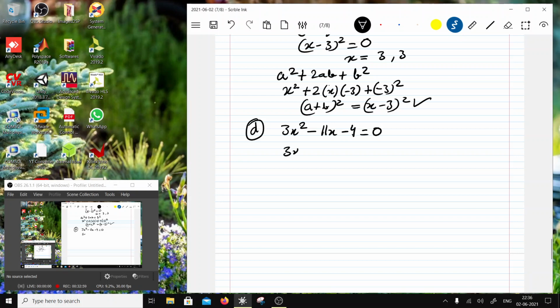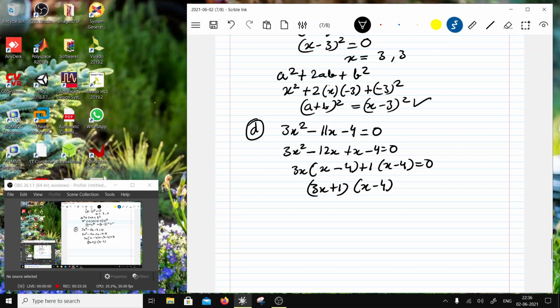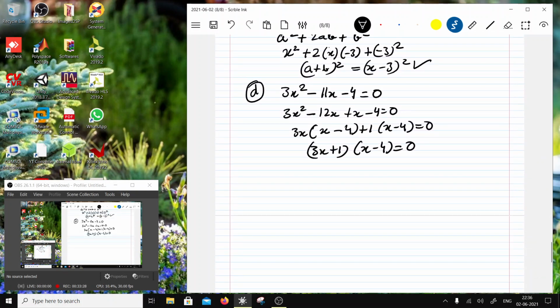You can say 3x square minus 12x plus x minus 4 equal to 0. So 3x is common. So you have 3x into (x minus 4) plus 1 into (x minus 4) equal to 0, or (3x plus 1)(x minus 4) equal to 0. So the answer is going to be x is equal to 4 and x equal to minus 1 by 3.